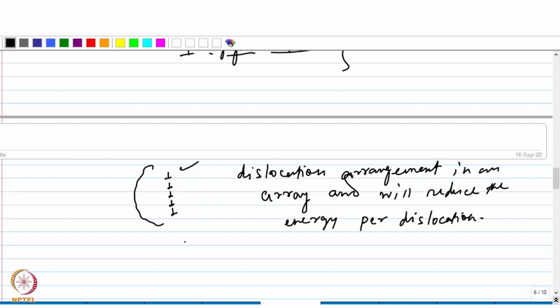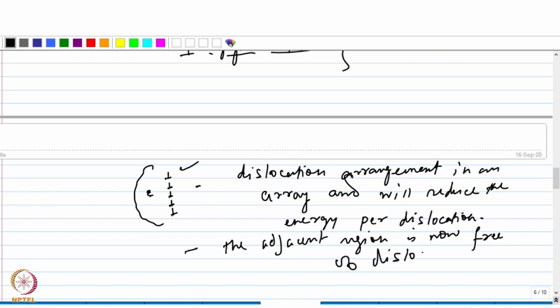So now if you look at the other regions around this array, that means the region adjacent to this array is now free of dislocations, right? So this part, the part which is free of dislocations, is now restored, right?